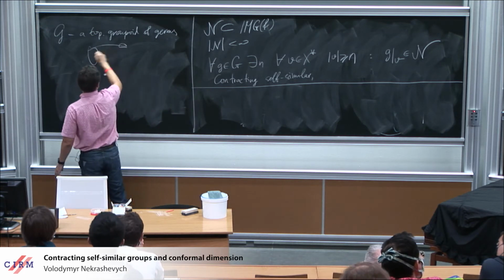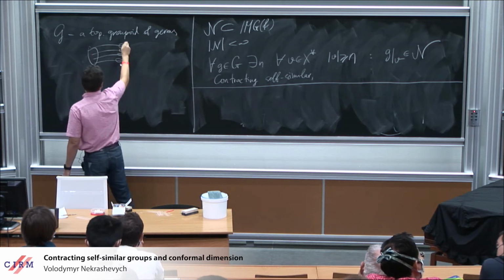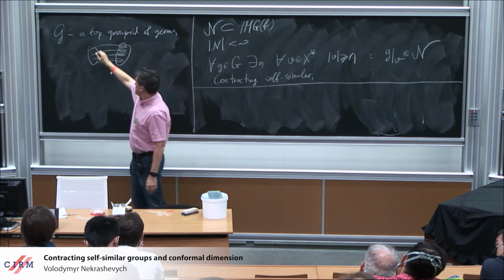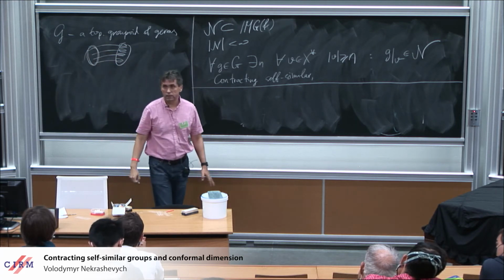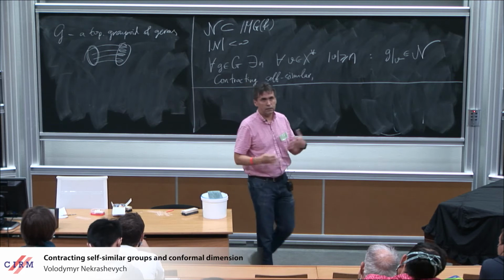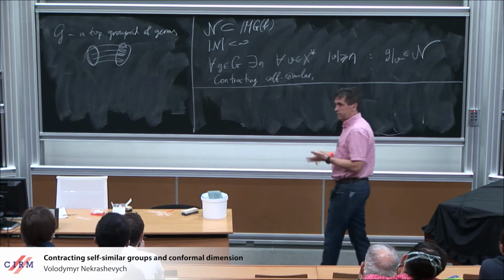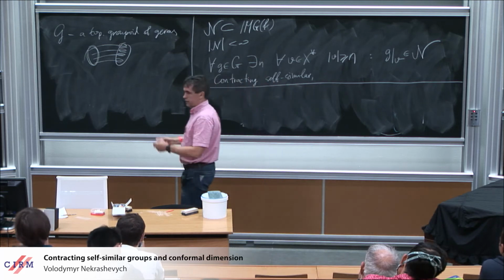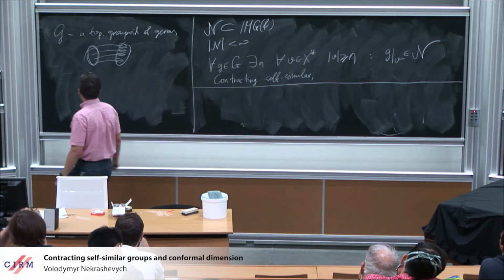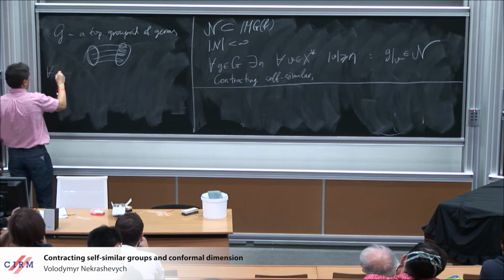So you have your homeomorphism, it's a bunch of germs, and this bunch of germs has the same topology as either domain or range. So if you have a semigroup of local homeomorphisms, that defines a topological groupoid, the set of these germs.